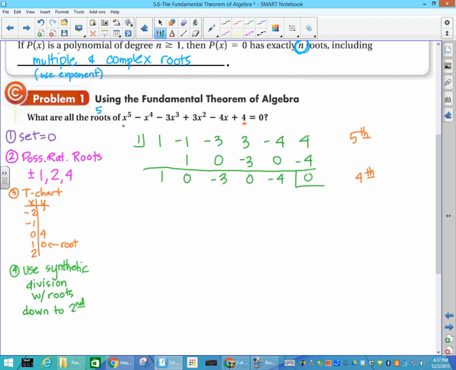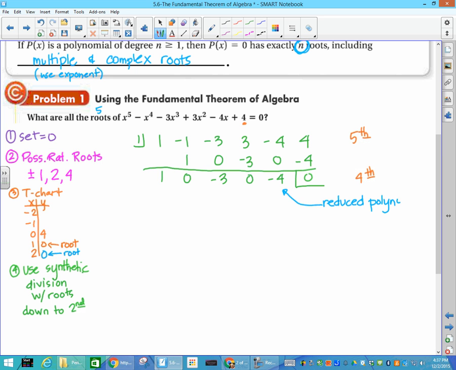So if I put in 2 into all of this, and you can pause, put it in your calculator, but if you put in 2, you're going to find out also that it's equal to 0. So that means it's a root. Now this is the important thing that you got to remember. When you divide and your polynomial goes down by 1 degree, this right here is what is referred to as a reduced polynomial.